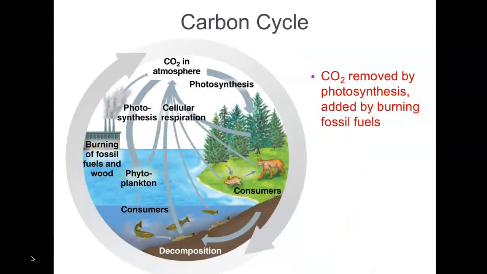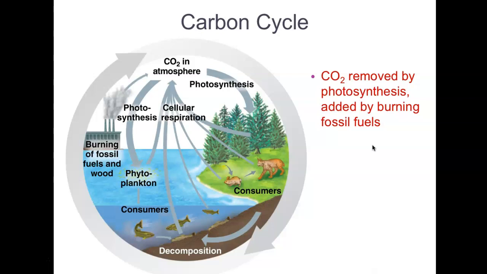All right, carbon cycle. So the biological importance of carbon is that it's the framework of organic molecules that are essential to all organisms, like the formation of glucose. Photosynthetic organisms are going to use carbon dioxide during photosynthesis, and they're going to convert the carbon to organic forms like glucose that are used by consumers.